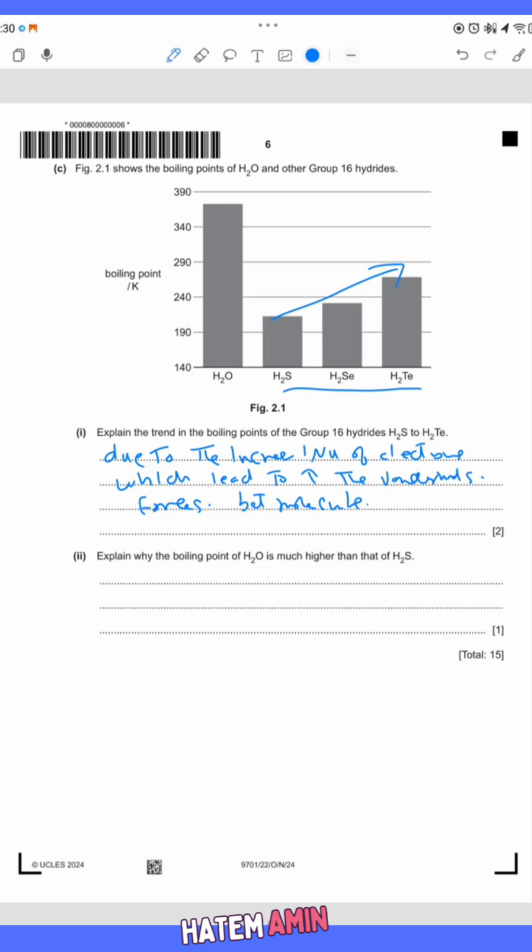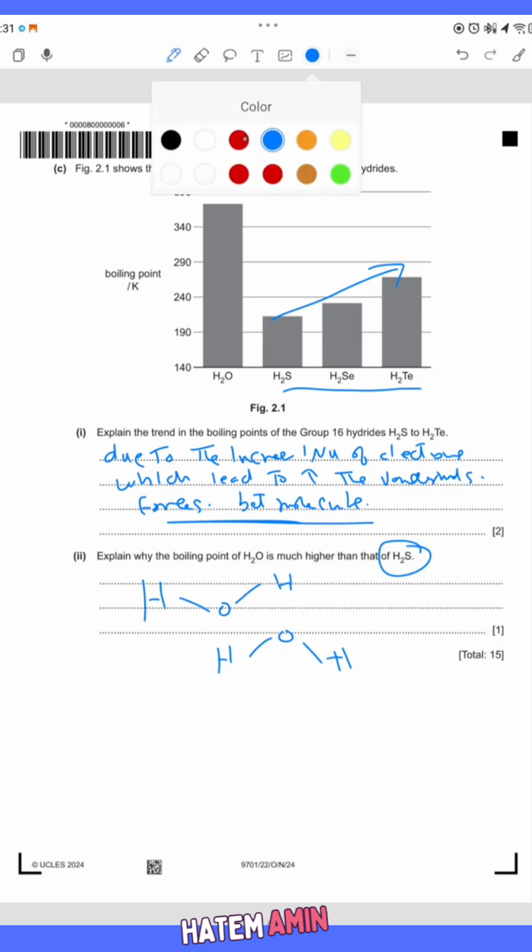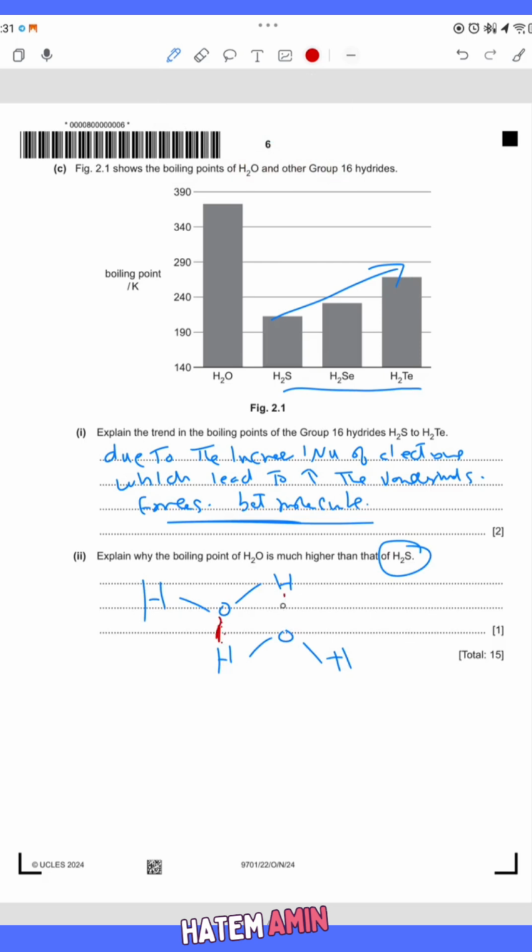Okay, this is the answer. Explain why the boiling point of H2O is much higher than that of H2S. Of course, H2O, HOH, here we have a different kind of intermolecular force, which is hydrogen bond. So in the case of water, we can find another bond, called hydrogen bond, between H and oxygen, making a stronger attraction force between the molecules like H2O and H2O.